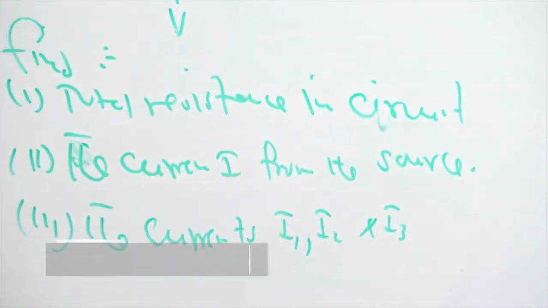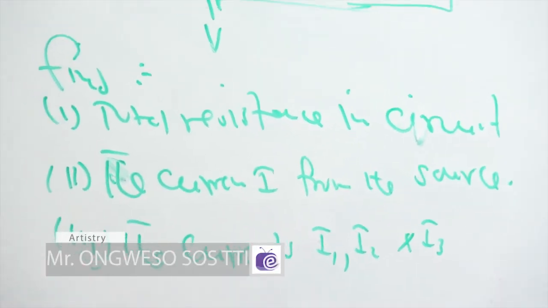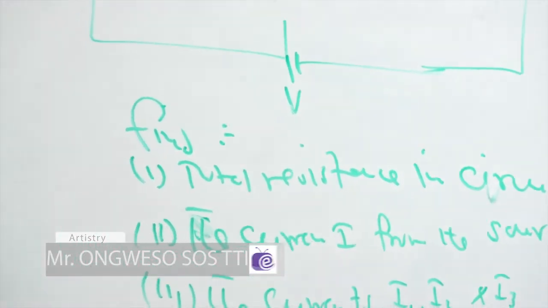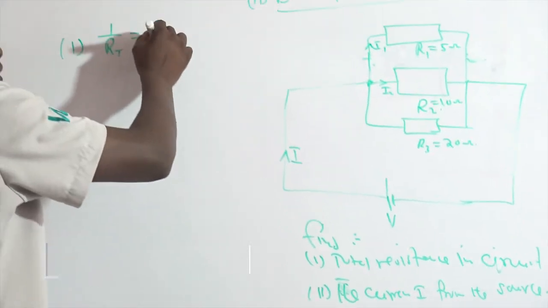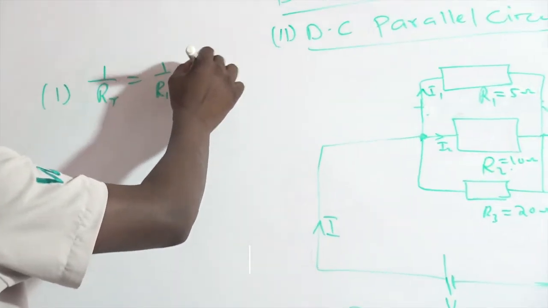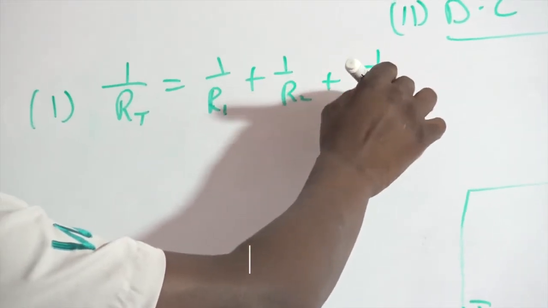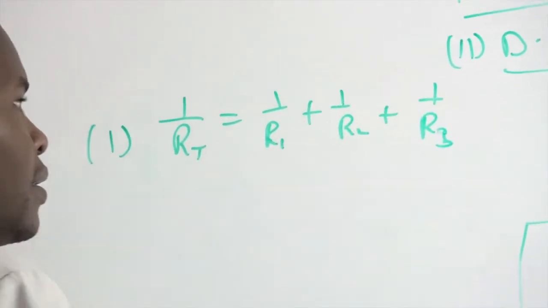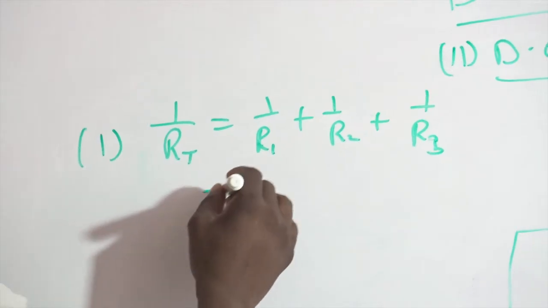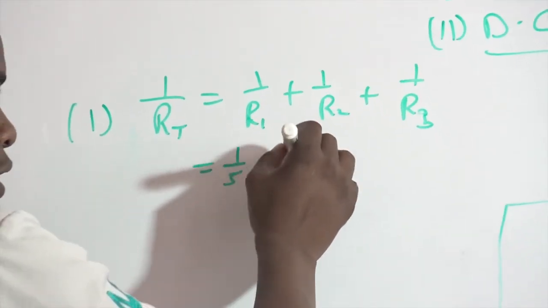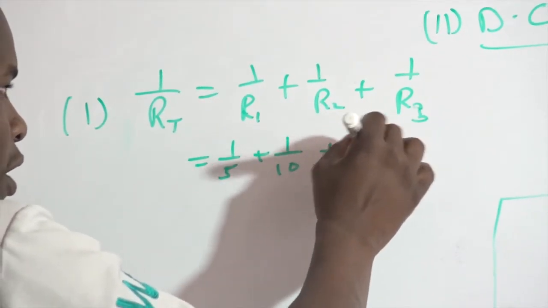To start with Roman 1, total resistance is given by this. So it will be 1 over 5 plus 1 over 10 plus 1 over 20.